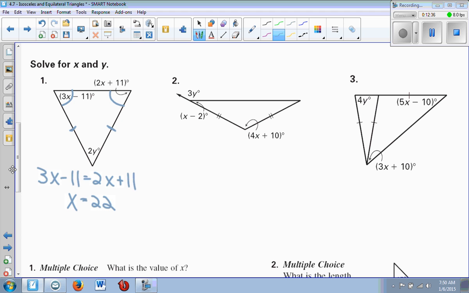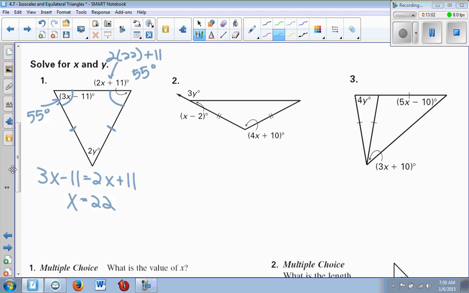Now, in order to figure out y, what you have to do is take the 22 and plug it in. So if I plug in 22 for x, since it represents x, 2 times 22 and add 11 would give us a value of 55. Meaning that this angle on the left-hand side is also 55.